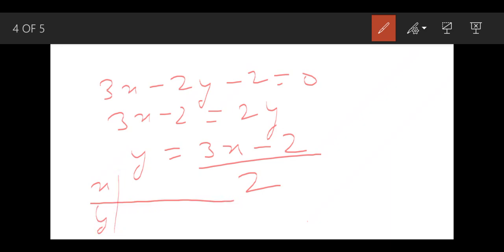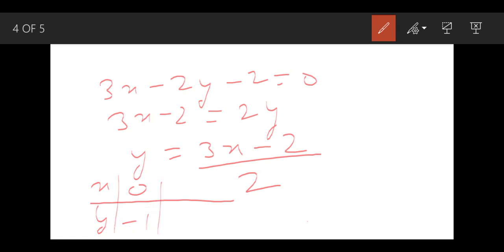Put the value of x. Again, do remember, we will take those values which can be marked easily on the graph. Taking x is equal to 0, 3 into 0 is 0, minus 2, whole upon 2, minus 2 upon 2 is minus 1.